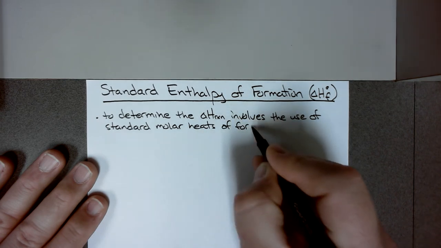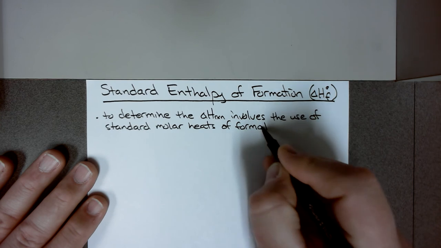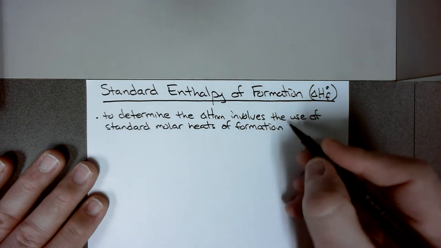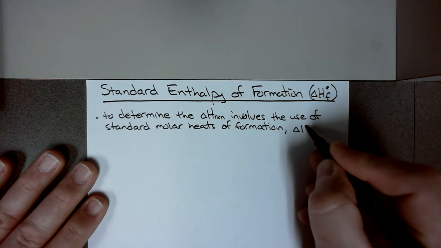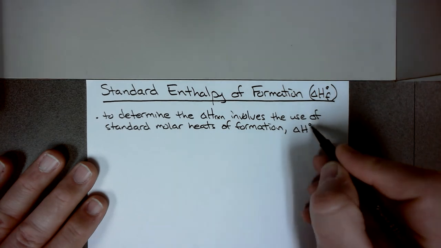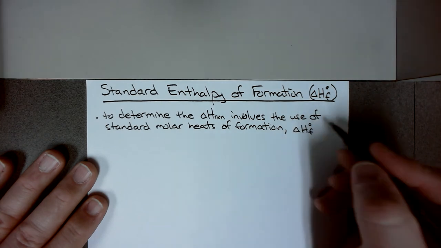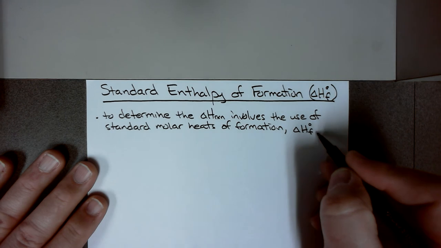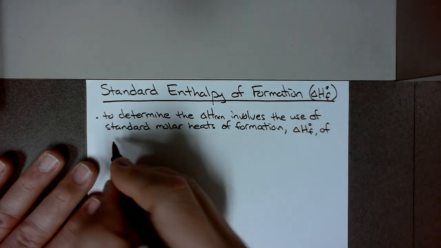So we're forming a compound, so it's a formation of a compound, and we use delta H. The zero stands for standard temperature and pressure, and we'll go over that in just a second, and the F stands for formation of a substance.